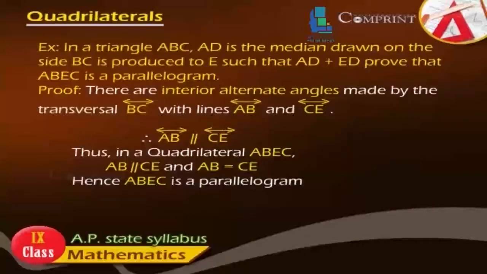Therefore, line AB is parallel to line CE. Thus, in quadrilateral ABEC, AB is parallel to CE and AB is equal to CE. Hence, ABEC is a parallelogram.